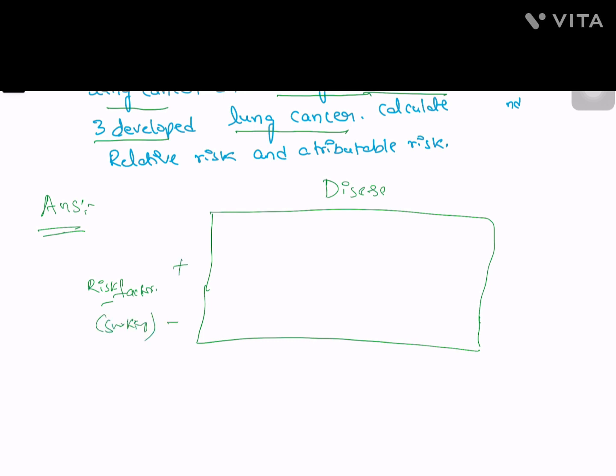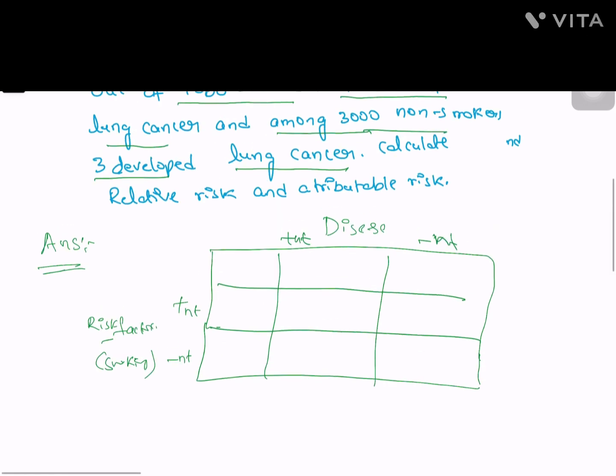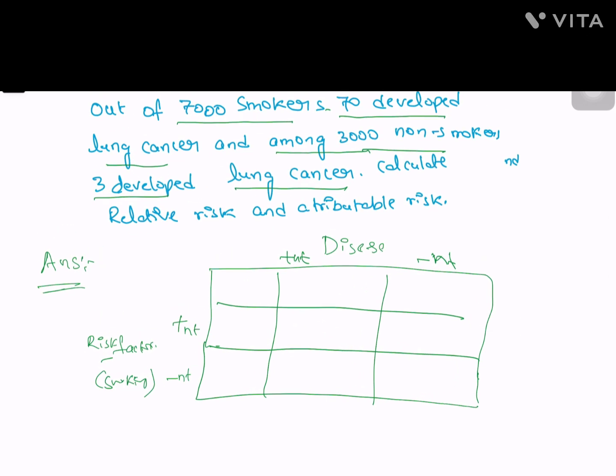Smoking present or absent, disease present or absent. Smokers total 7,000. Of them, 70 developed cancer. How many didn't develop? 7,000 minus 70, 6,930.